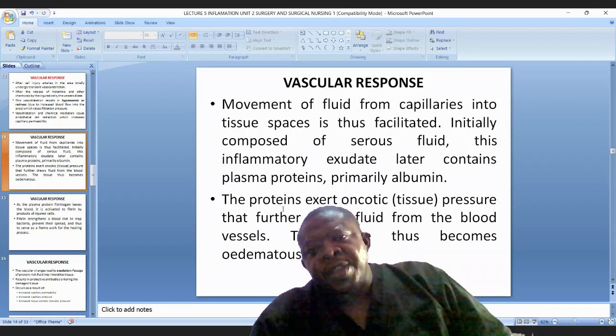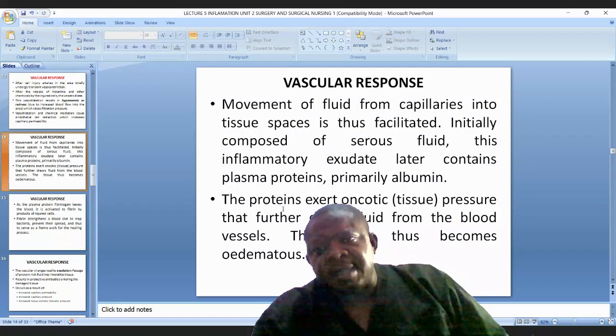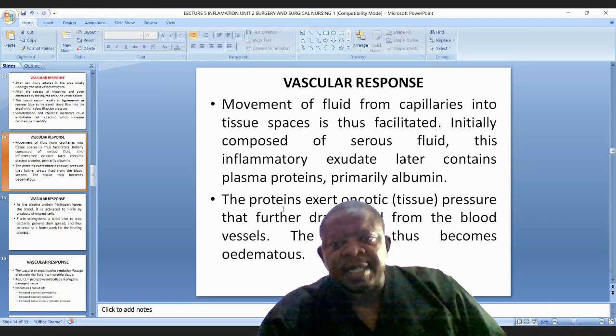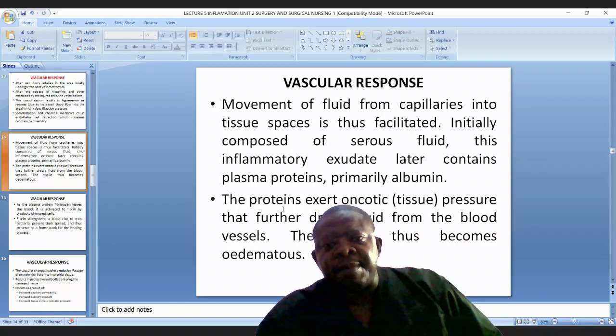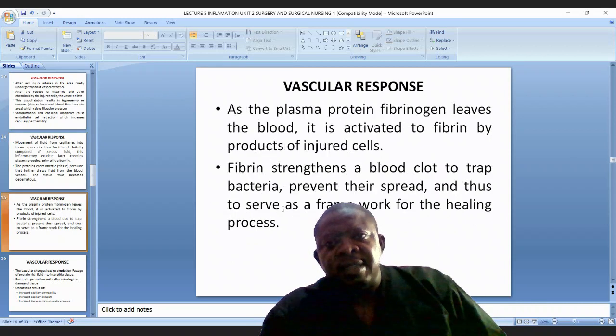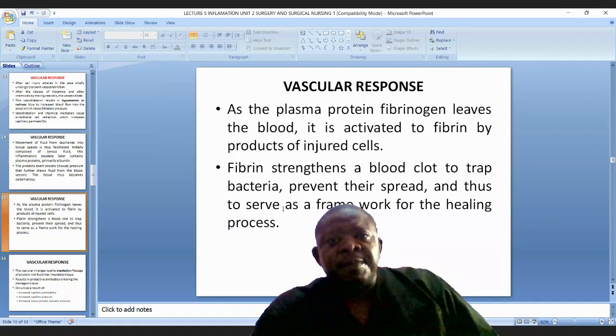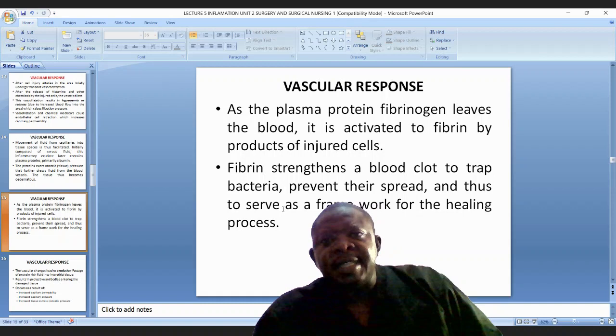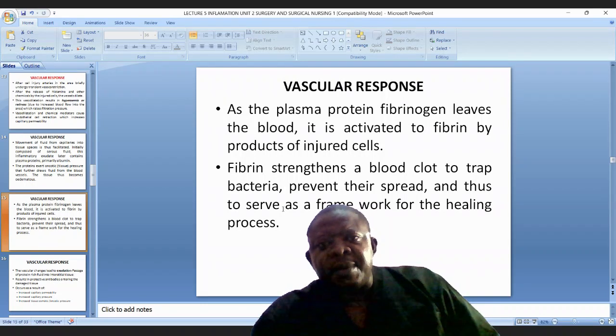The proteins exert oncotic pressure that further draws fluid from the blood vessels. Okay, the tissue then becomes edematous.